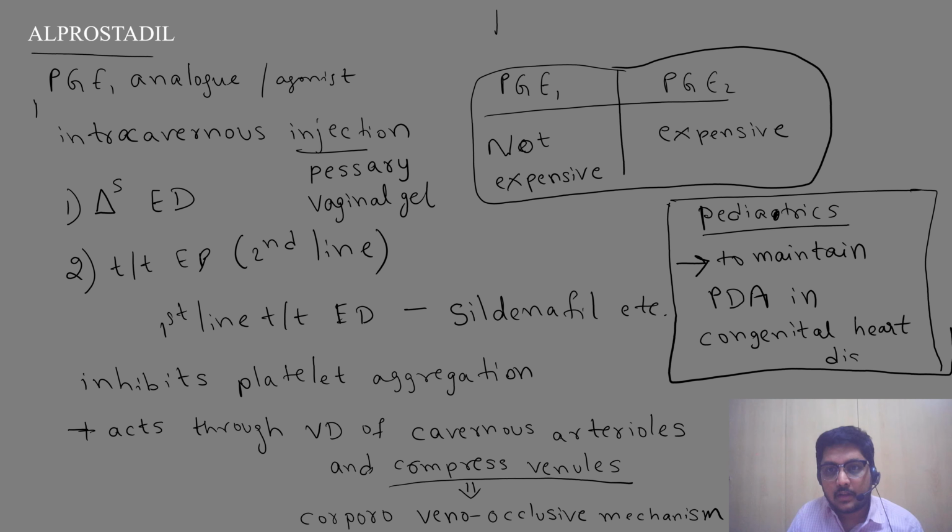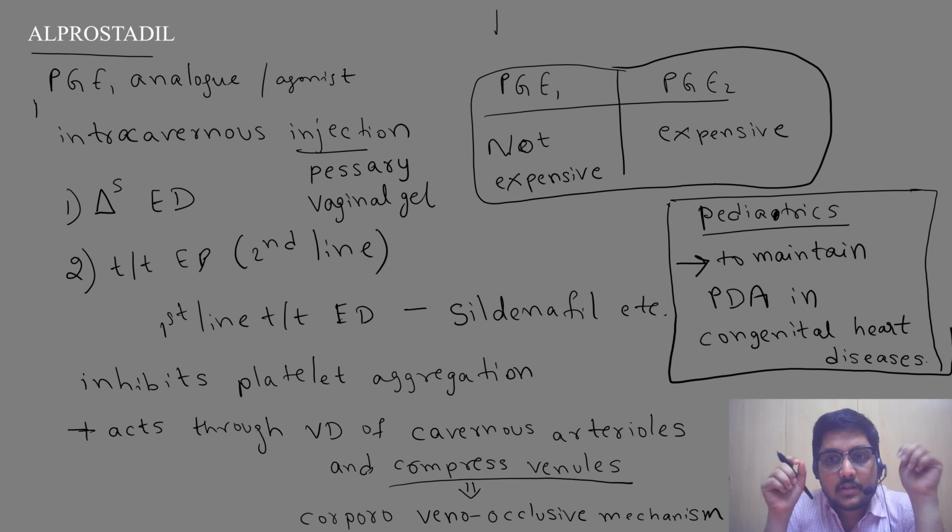Like maybe transposition of arteries. In those conditions, we need to maintain the PDA as it is, because after delivery naturally PGE2 secretion is decreased. So when PGE2 secretion is decreased, ductus arteriosus will be closed. It is what we want usually in healthy individuals.